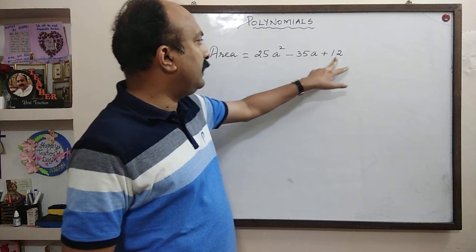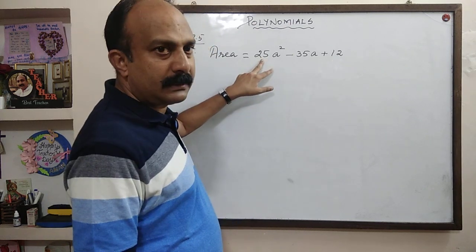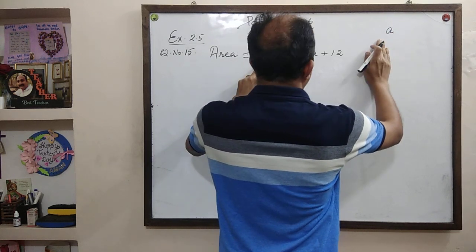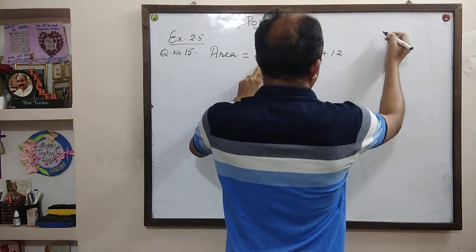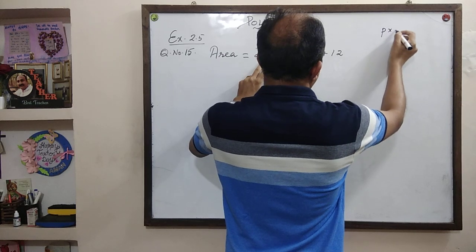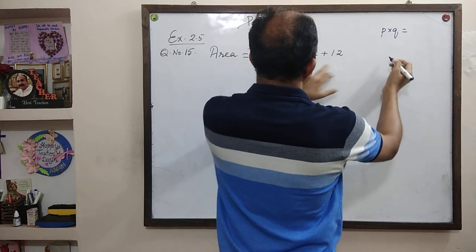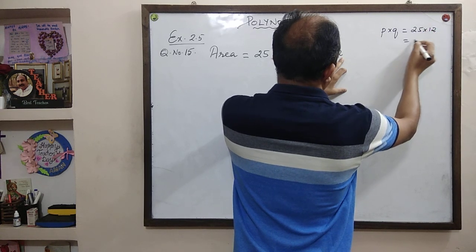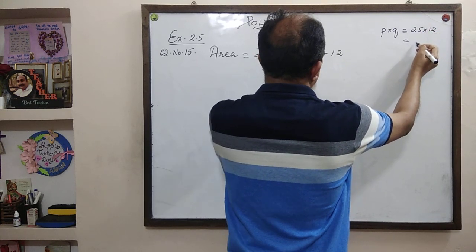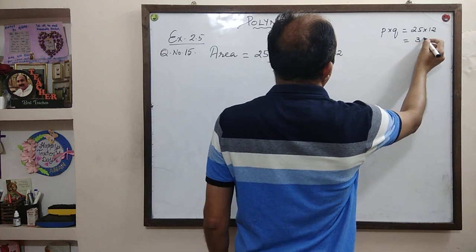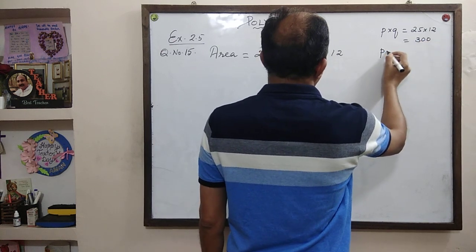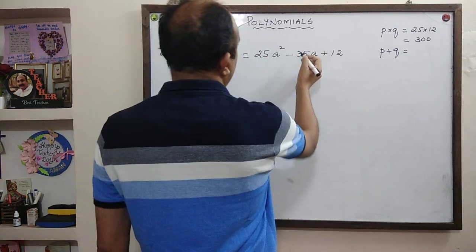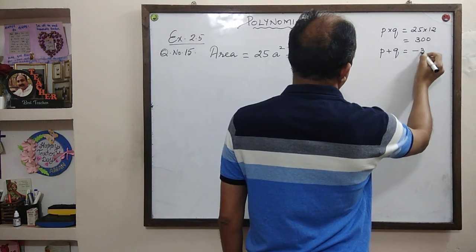For splitting the middle term, we have to find out two numbers whose product is, if I take those two numbers as, not a and b, let us take p and q. So p into q equal to 25 into 12 equal to 300. p plus q, sum is equal to minus 35.